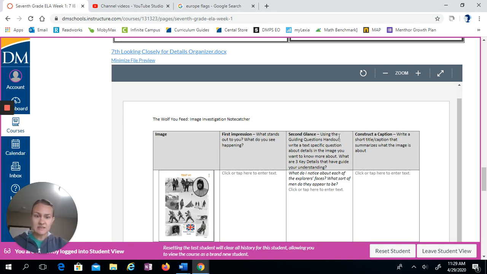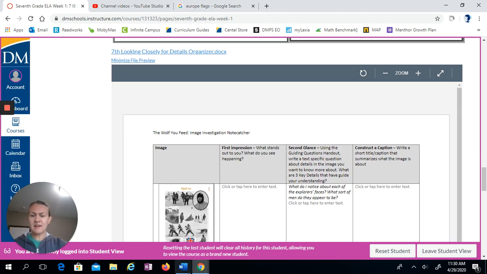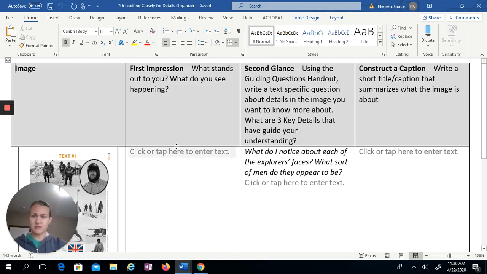So, second glance, using the guiding question handouts, write text-specific questions about the details in the images you want to know more about. So now that I've got my first glance, actually, let's go to this page and we'll write some of those down, right? Danish versus British.